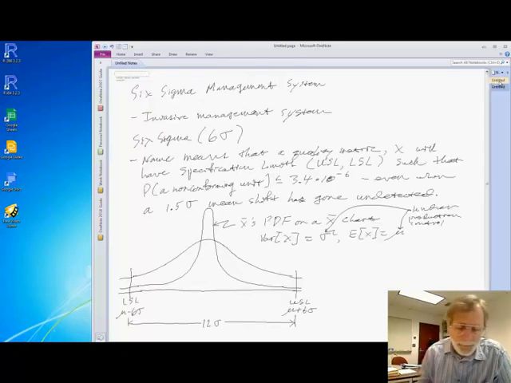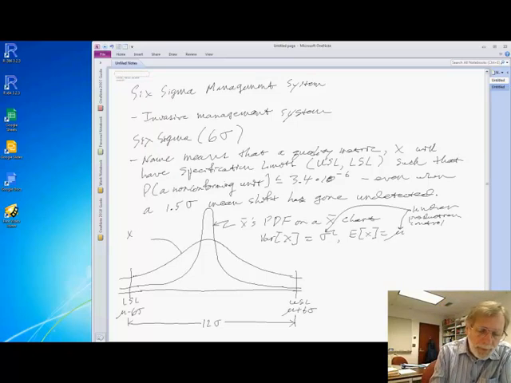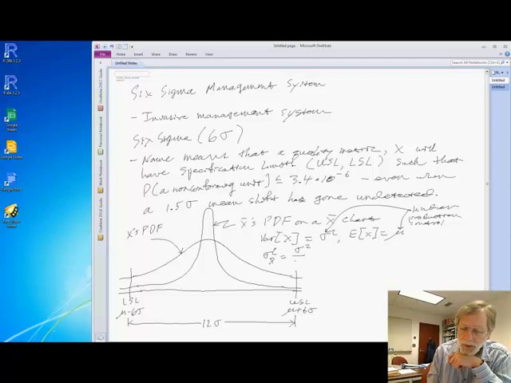Back to this picture. Here is the PDF of X. Now we know from the central limit theorem that sigma squared x bar equals sigma squared over n. That's why the density function of x bar is pinched relative to the density function of x, because it has lower variance for any sample size bigger than 1.